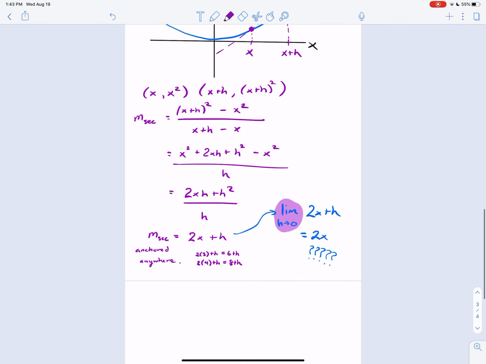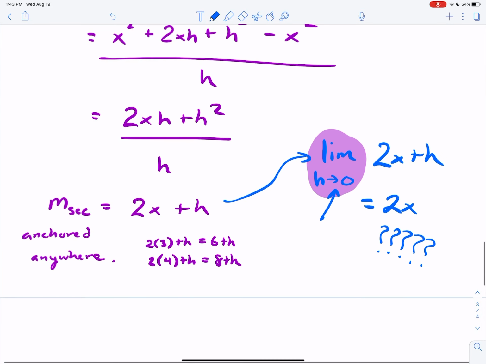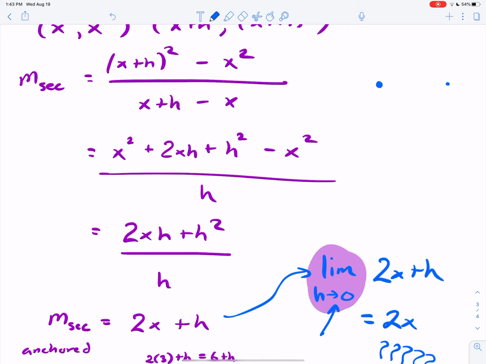Now, what does it mean when you're making your horizontal distance go to 0? Think about this. If you had 2 points, they have a distance between them. If you're making their horizontal distance go to 0, what does that tell you about the 2 points? The answer is that eventually those 2 points are going to overlap and be right on top of each other.